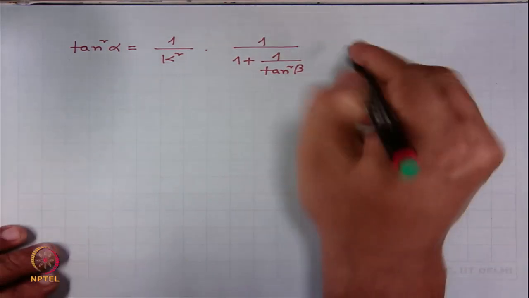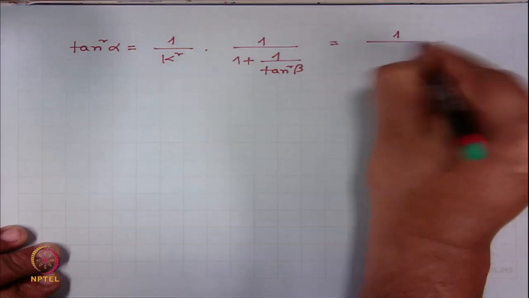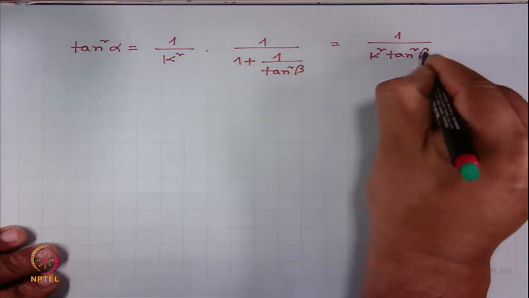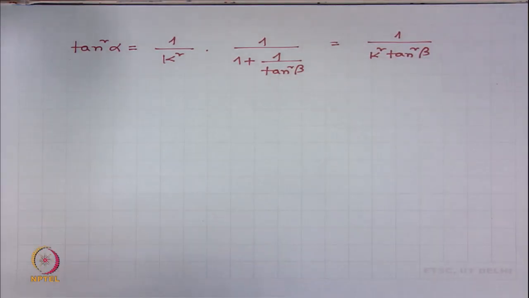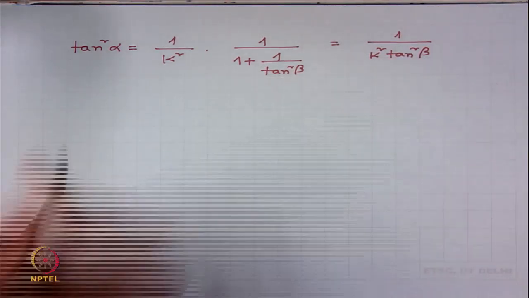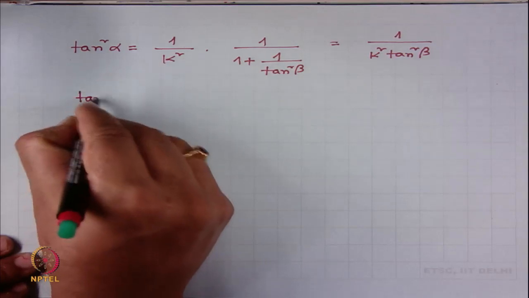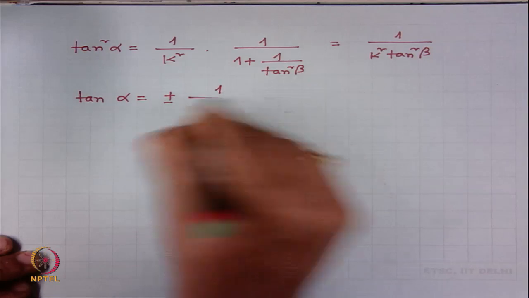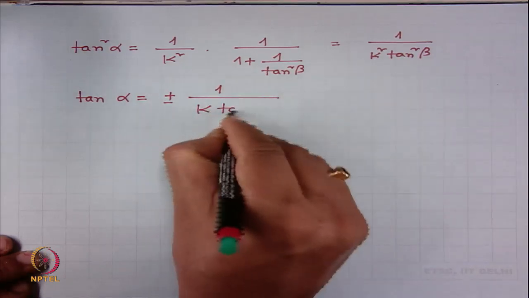So, this becomes k square tan square beta. So, tangent alpha is equal to plus minus 1 by k tan beta.